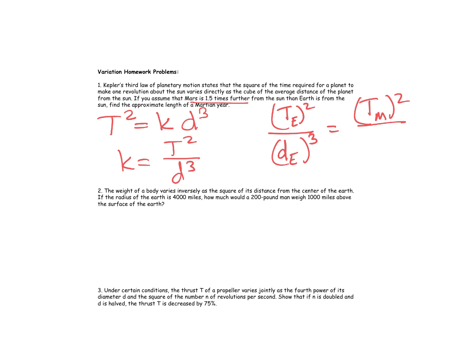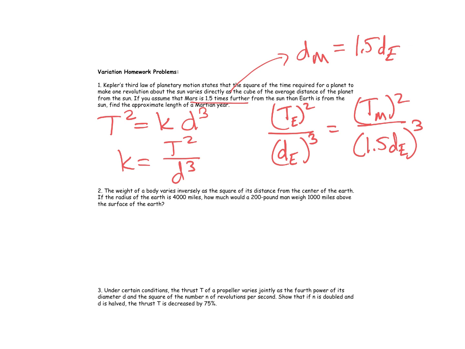But remember, Mars is 1.5 times further from the sun than Earth. So I can replace distance Mars with 1.5 distance Earth. Okay, so let's do that. So 1.5 distance Earth cubed.